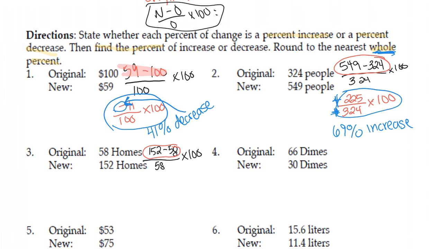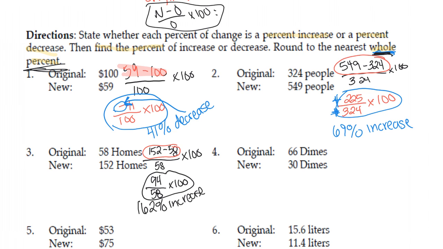That is 94. 94 divided by 58 times 100. Put this in the calculator and round to the nearest whole percent. That gives me 162% increase.